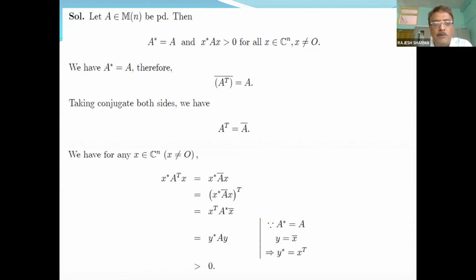Whenever we have a positive definite matrix, this means first it is Hermitian. Why? X star Ax strictly greater than 0 means x star Ax is real. And when x star Ax is real, then the matrix is also Hermitian. So A star is equal to A and x star Ax is strictly greater than 0 for all x belonging to Cn, x not a 0 vector.